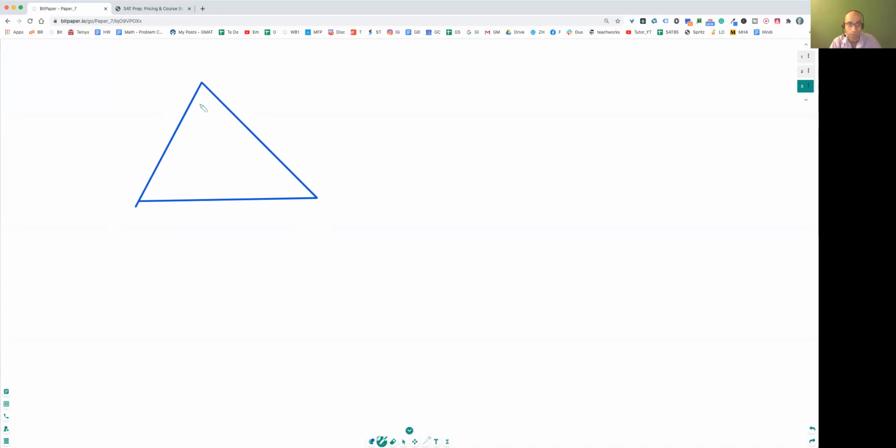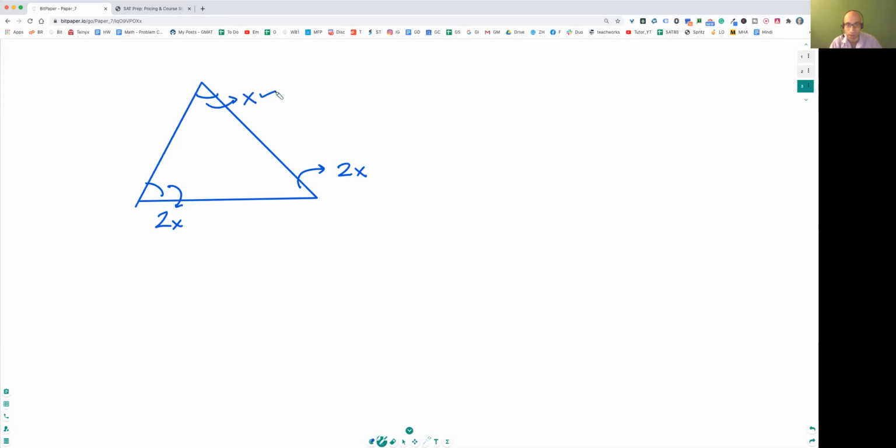Sometimes they give you this angle's measure as X, unknown, and this angle's measure as 2X, and this angle's measure as 2X as well. So now let's try to find the angles. How are we going to do that?